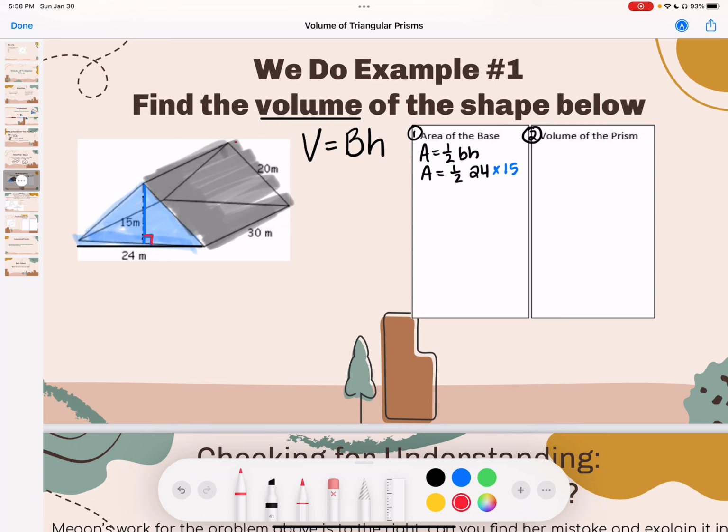So the first way, I'm going to do it over here. The first way that you can do this is, I'm going to go ahead and rewrite it. 1/2 times 24 times 15. So the first way is going to be to go ahead and multiply. I've got 24 times 15.